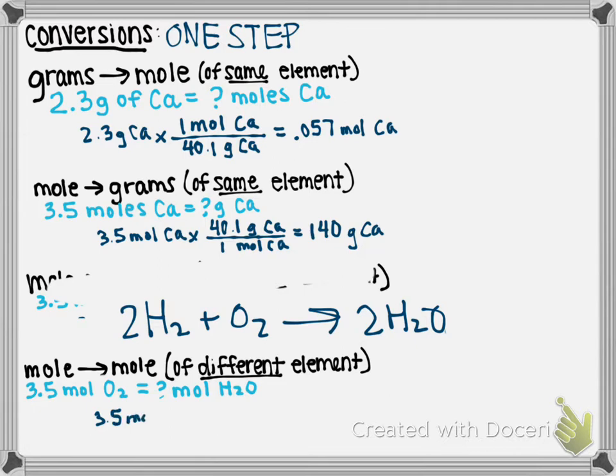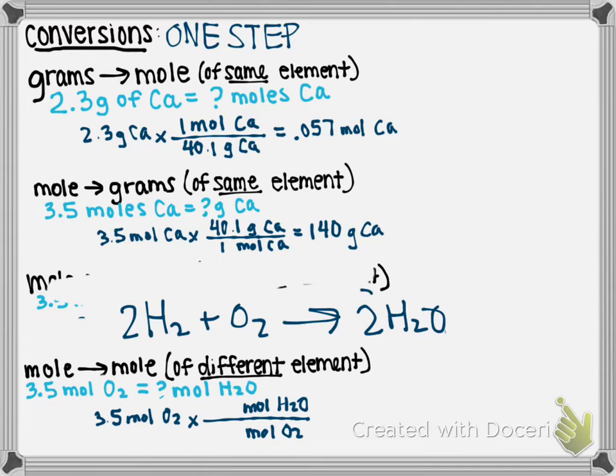3.5 moles O2. And because we're trying to get to a different element and we're already in moles, you use your mole to mole ratio. You need moles of O2 on the bottom, and you need moles of what you're trying to get to on top. In this case, it's moles H2O. Whenever you have moles over moles, you need to use the coefficients as your numbers.